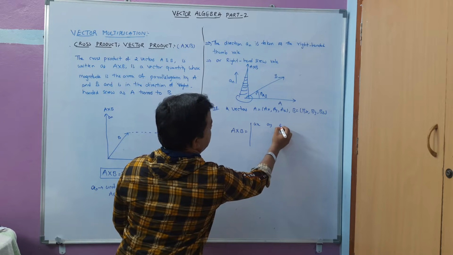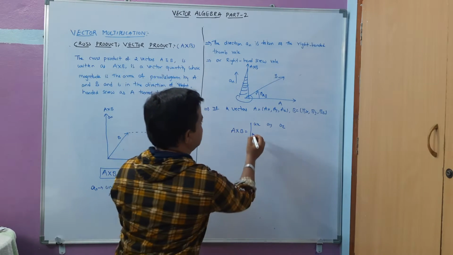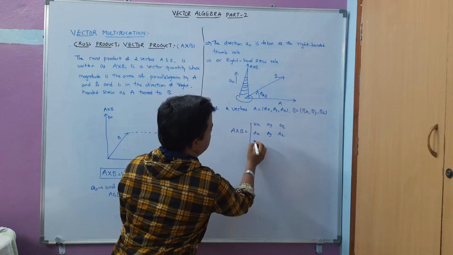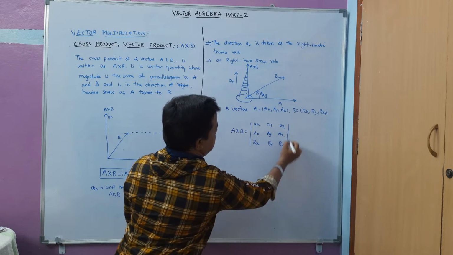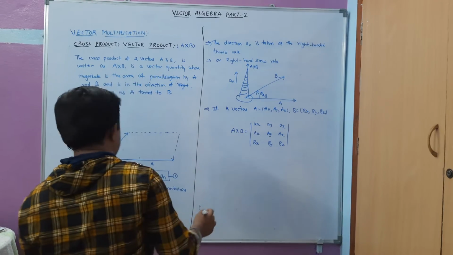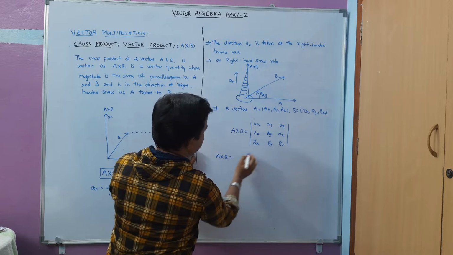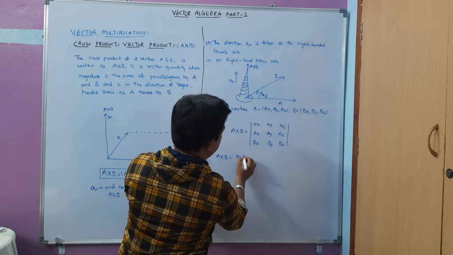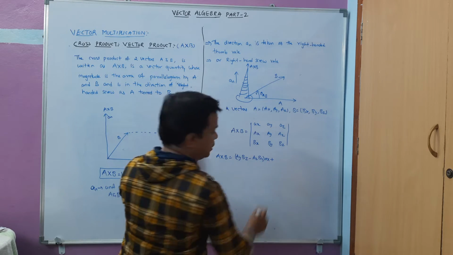First we need to write the unit vectors. Next we have to write the components AX, AY and AZ, and next BX, BY and BZ. Now after writing this, I have to take the determinant. A cross B is equal to this minus this, that is AY BZ minus AZ BY into AX, plus, so I have to take plus.